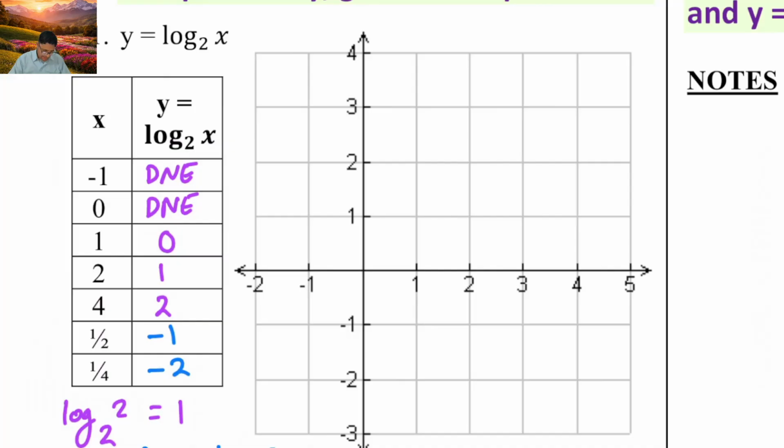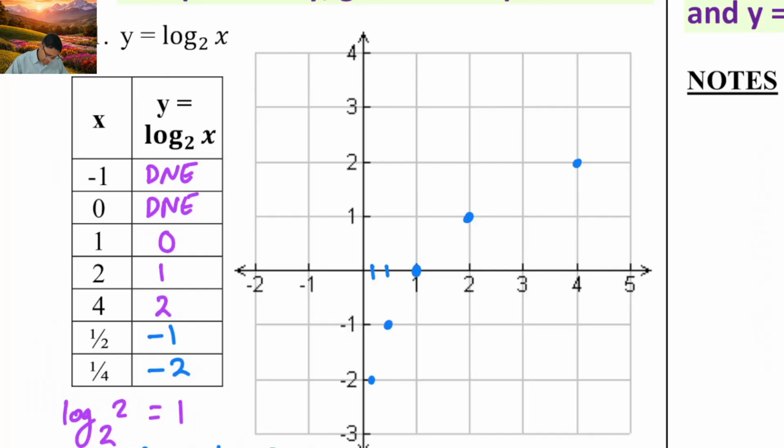Let's plot them now. Remember, (1, 0) is always the intercept. So at 1, it is 0. At 2, it is 1. At 4, the output is 2. And at 1 over 2, which is half here, the output is -1. At 1 over 4, which is here, the output is -2, and so on.